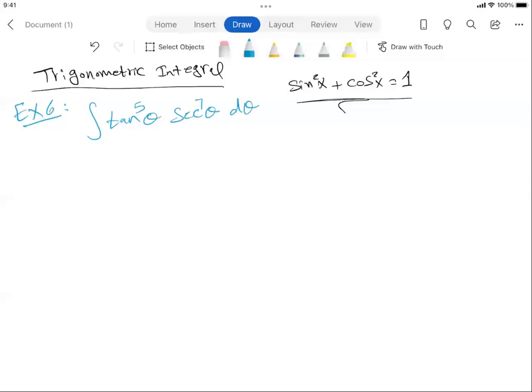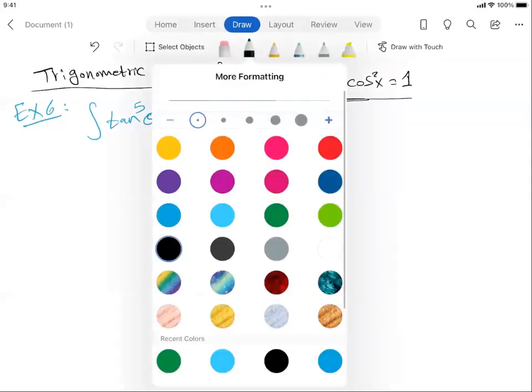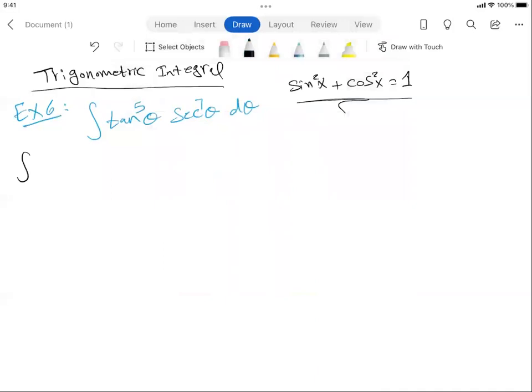So for this one, what I'm going to do is split both terms. So it will become tangent to power 4 theta and secant to power 6 theta, and I will have tangent of theta, secant of theta, d theta.